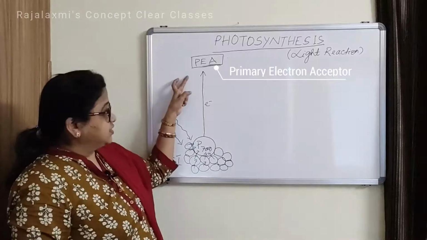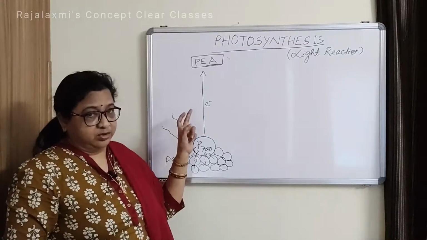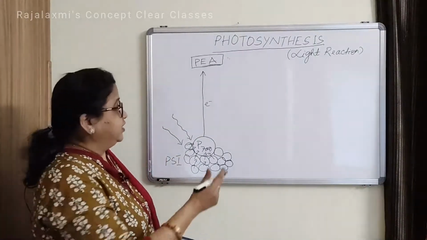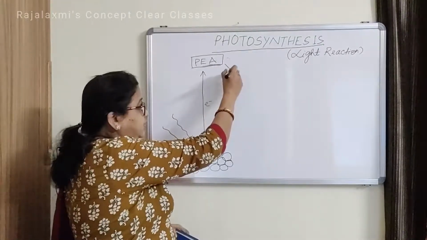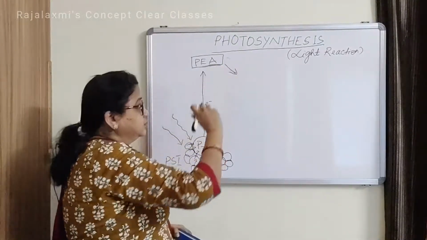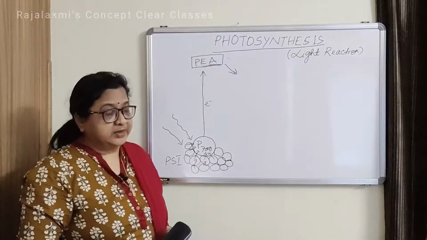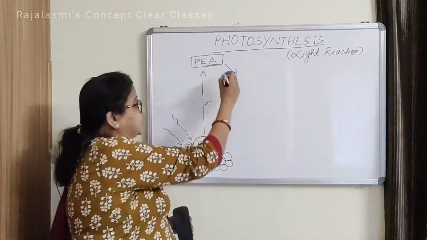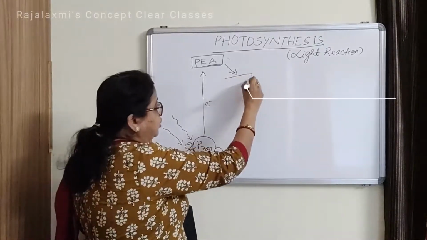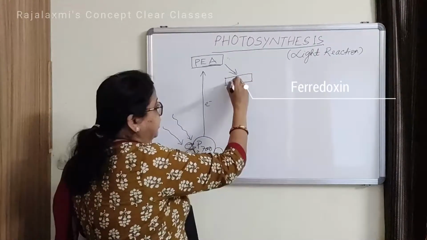But this state of electron is unstable, so it tends to move downhill through a number of electron carriers. For example, first it comes to a compound known as ferredoxin.